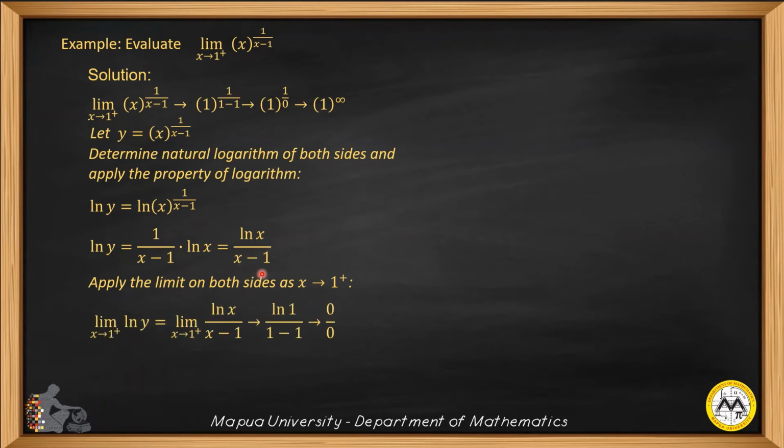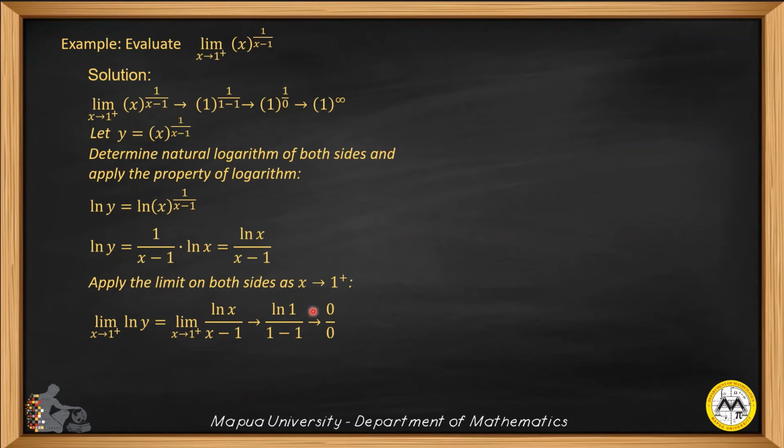And if you investigate what the limit of ln y would be as x approaches 1 from the right, this will be given by the limit of ln x divided by x minus 1 as x approaches 1 from the right. Or we will have ln 1 divided by 1 minus 1, giving us a 0 divided by 0.